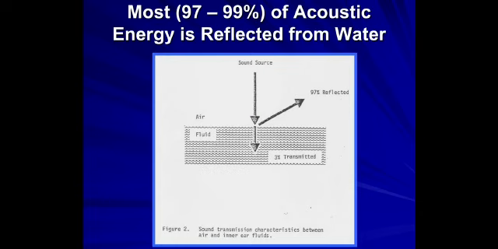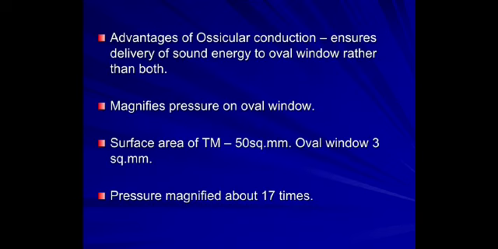So you can see 97 to 99% of acoustic energy is reflected from water, and only 3% is transmitted through the fluid medium. So the advantages of ossicular conduction are that it ensures delivery of sound energy to the oval window rather than the round window, and it amplifies or magnifies the pressure at the oval window.